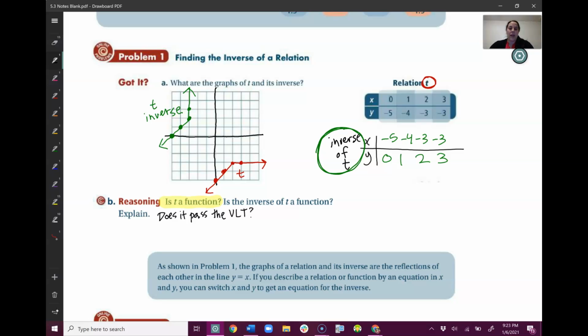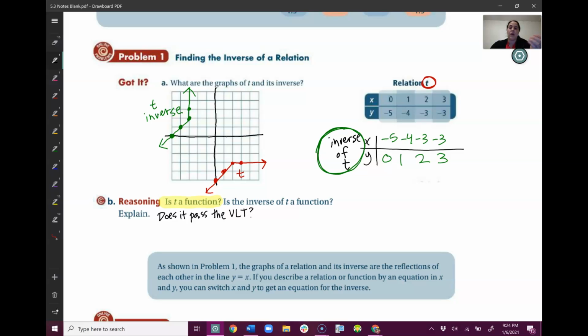The vertical line test means if I draw a vertical line, it only crosses the graph once. If it ever crosses the graph more than once, it's not a function.